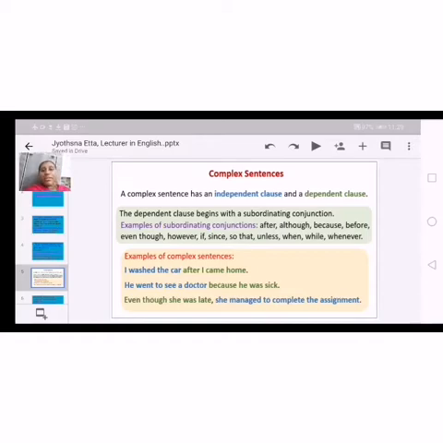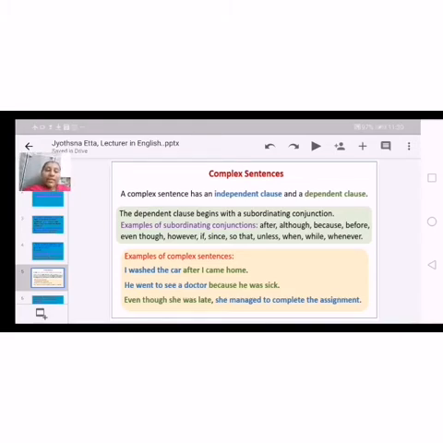For example, subordinating conjunction examples are after, although, because, before, even though, however, if, since, so that, unless, when, while, whenever, etc. These are the examples of subordinating conjunctions which we have to use in complex sentences.